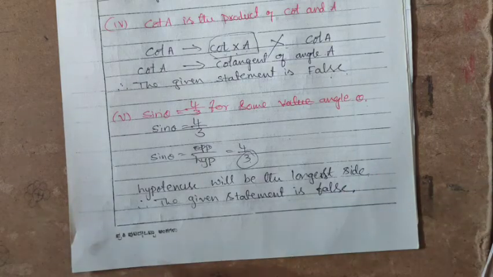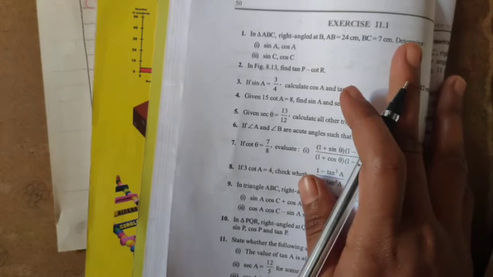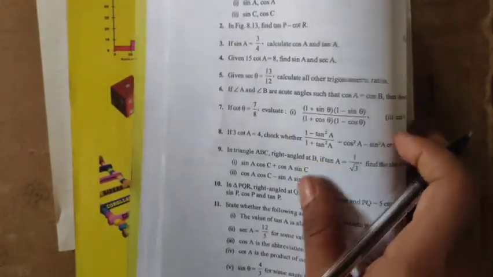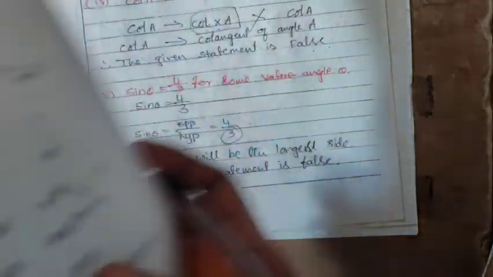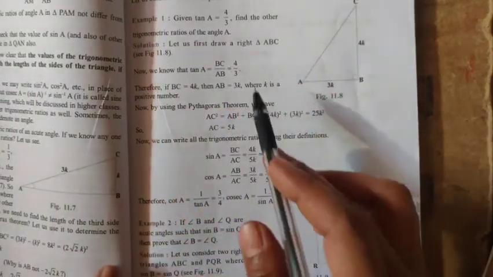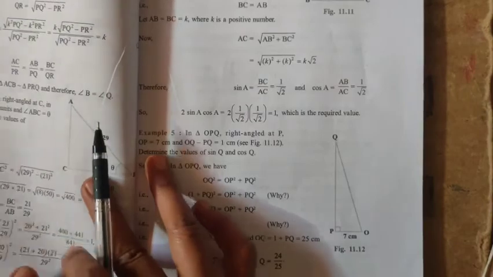Students, I hope you can understand all the concepts of trigonometry, and I also solved the questions and answers in exercise 11.1. You can work out all the questions and answers, and also the example problems. The example problems are solved here. That is example 1. You can solve the second example problem.